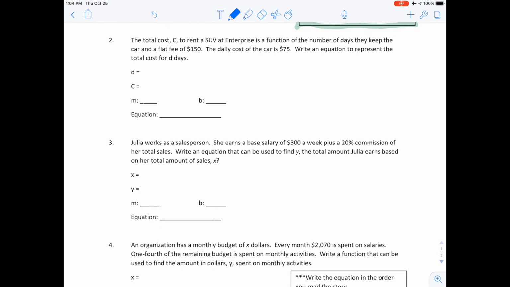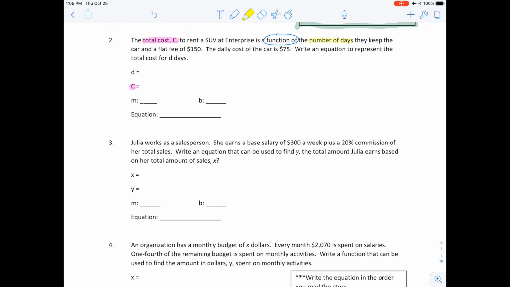We've got the total cost C to rent an SUV is a function of. So I'm going to stop right there. There's that key phrase, function of. So whatever comes before it, that's my Y, which is the total cost. So I'm going to label that there, C. And then whatever comes after it, the number of days, that's going to be my X value.